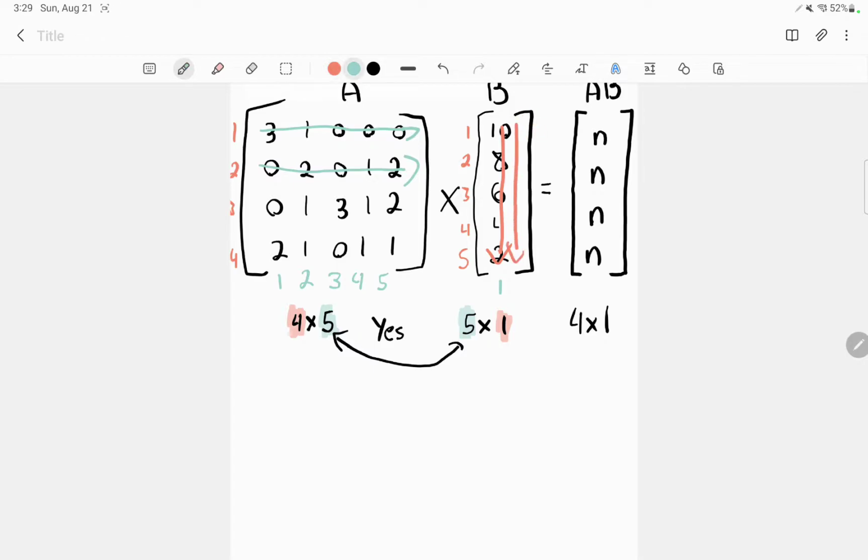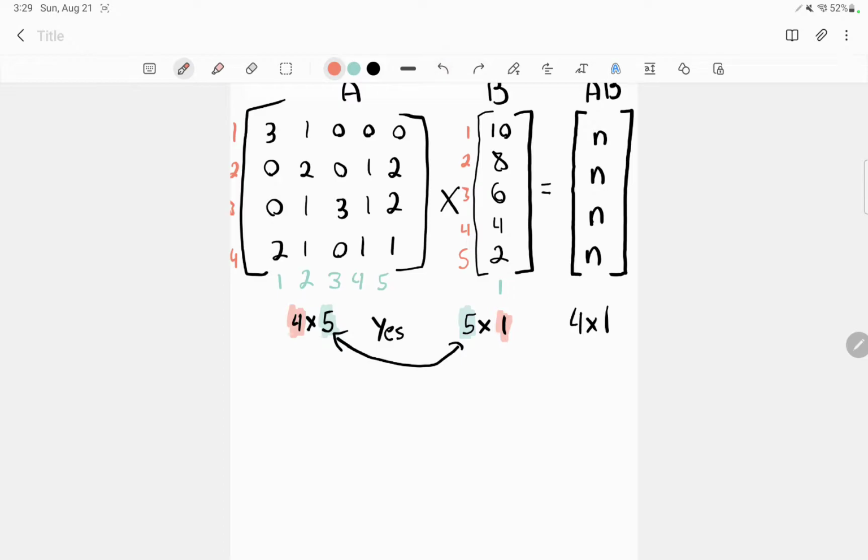Then we're going to do it again, then go down another time. And finally, we're going to do it one last time and go down one last time. So as you can see, it's not so hard. It's just going to take quite a while to do every single one.